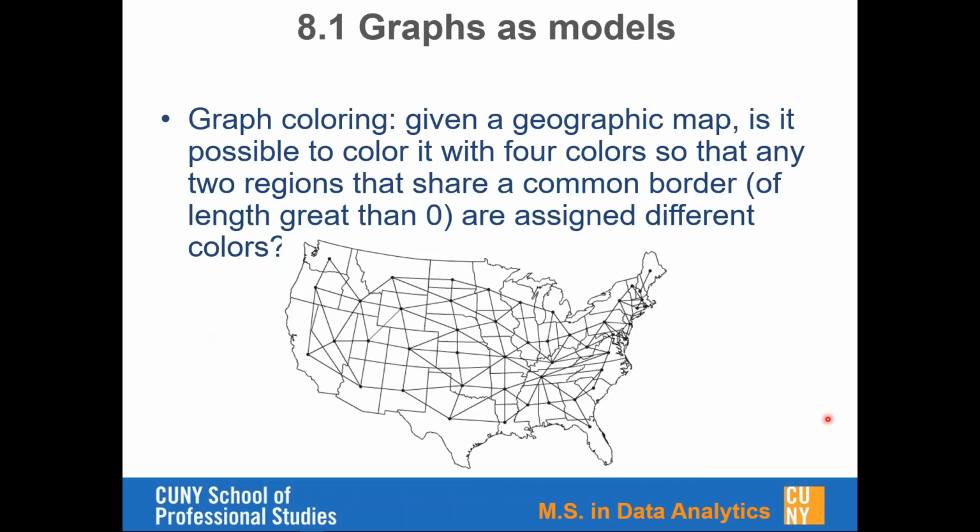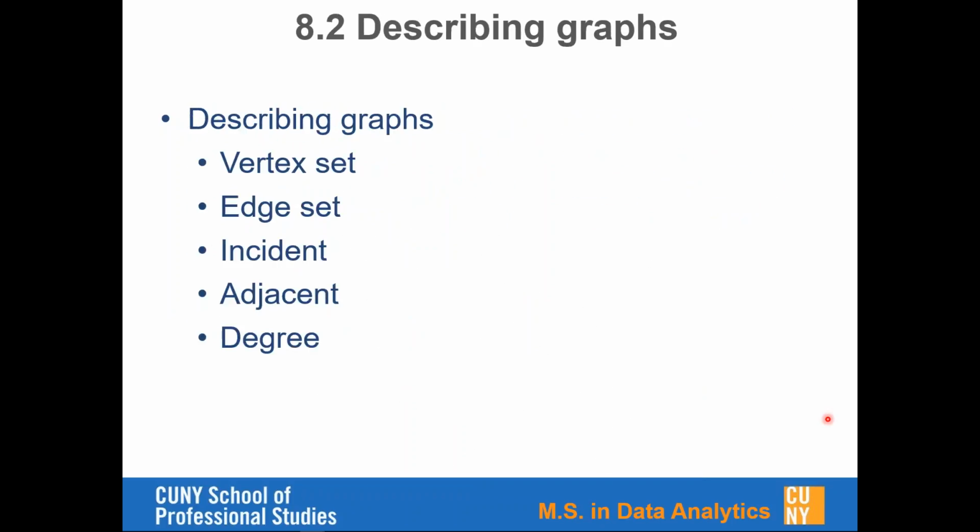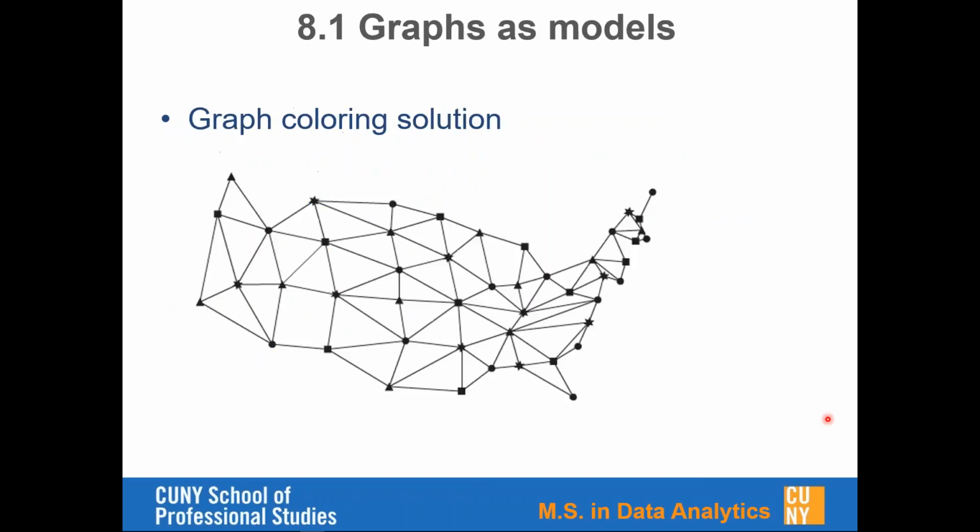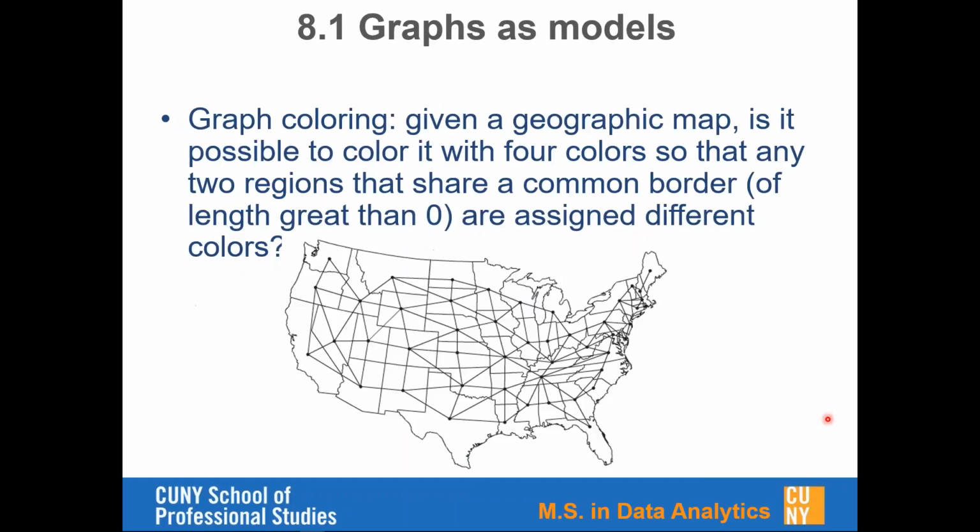Let me see if we have some node discussion. Yes, we did. Okay. And then there's a famous problem that's called graph coloring. Given a geographic map, it's possible to color it with 4 colors so that any 2 regions that share a common border of length less than 0 are assigned different colors.